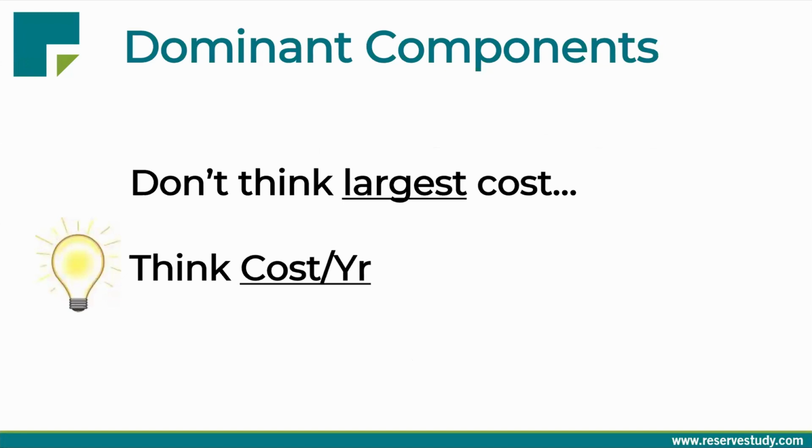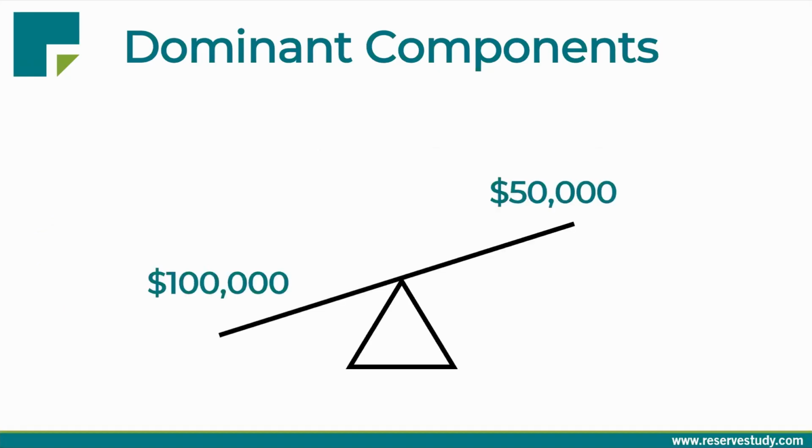And when we think about those core elements, our natural inclination is to go to the largest dollar sign that we see, right? But we want to make sure that we're taking a look at the frequency as well. And that's when we're talking about cost per year. That's a big thing to think about, right? So on its face, we see in our seesaw example here, $100,000 is much more impactful than $50,000.